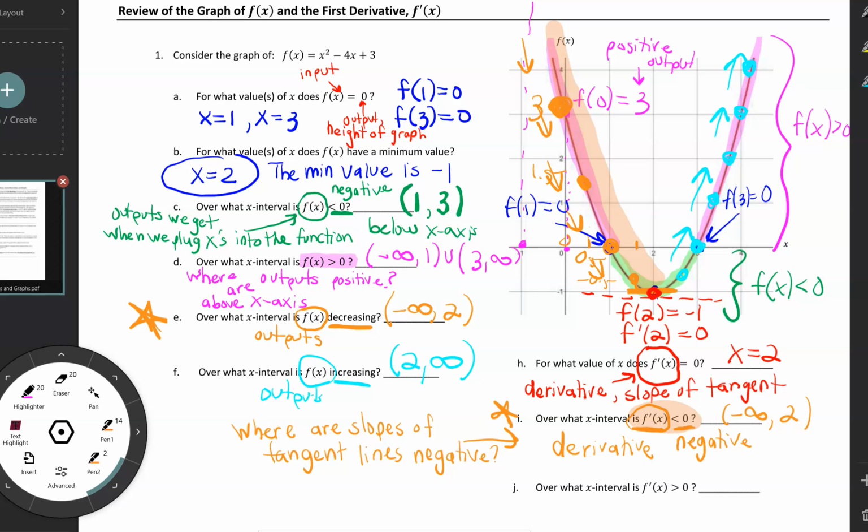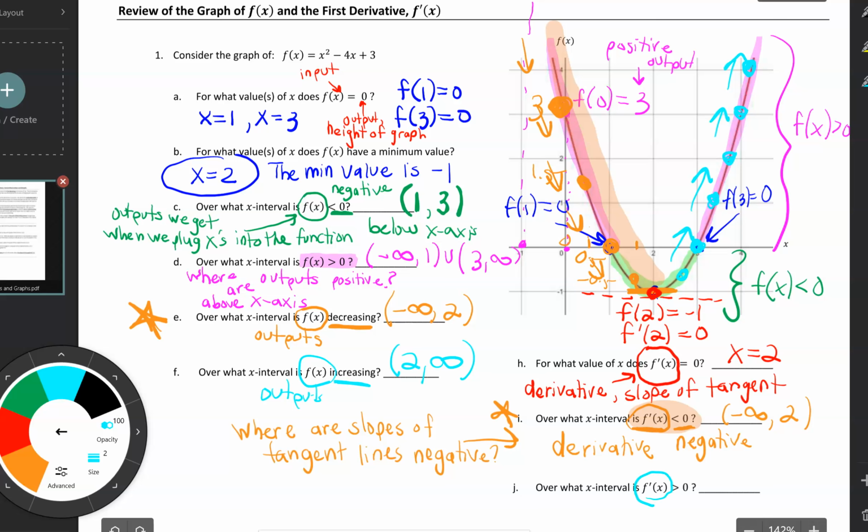Okay, so now that we talked about that, let's look at J here. J says, over what x intervals would the derivative be greater than 0? That means positive. So that's just asking where the slopes of the tangent line are positive.